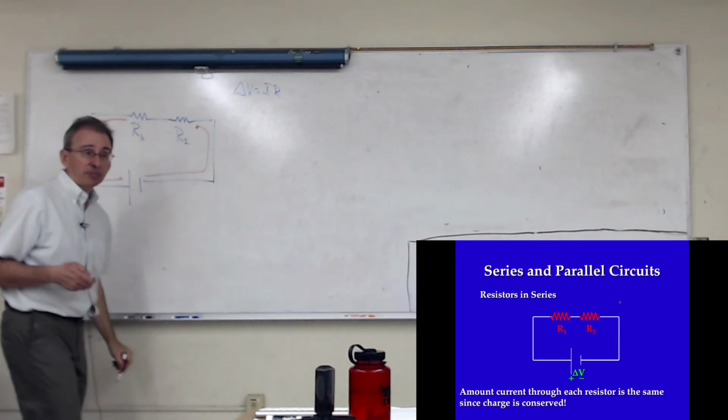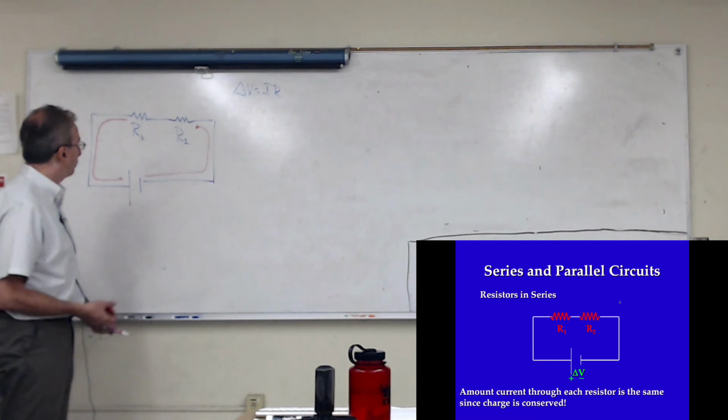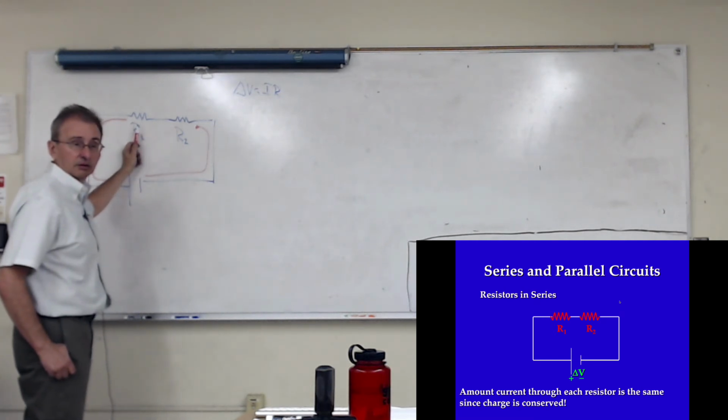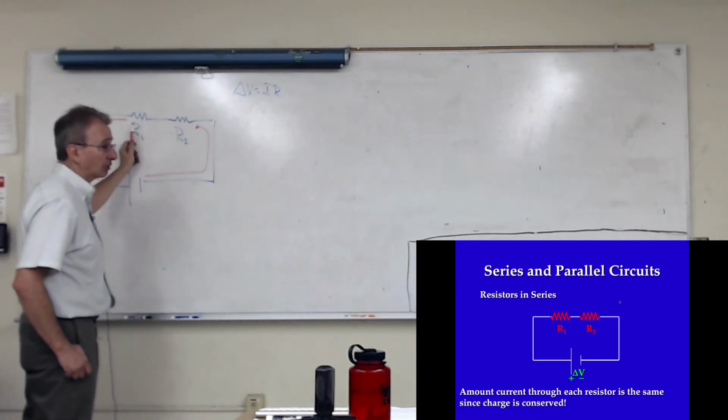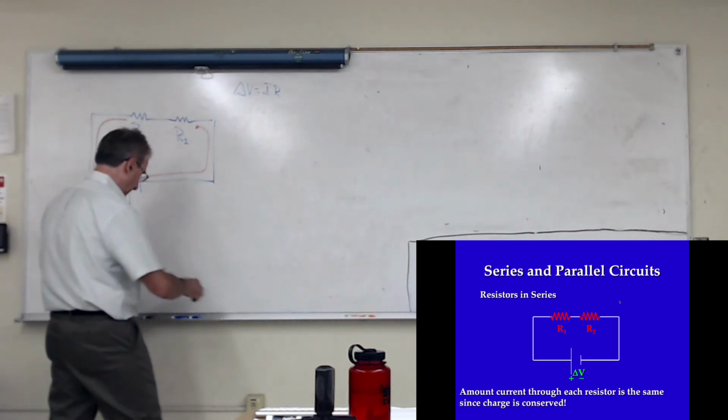The electrons only have one path. Whatever goes through here has to go through here. So they're in series. That means that both resistors have the same current.